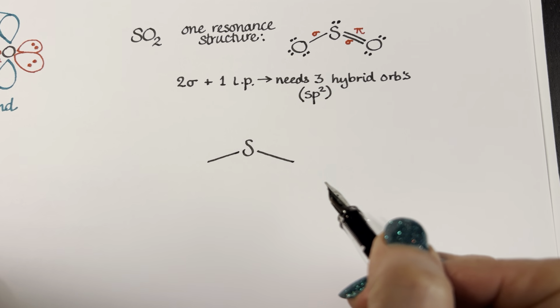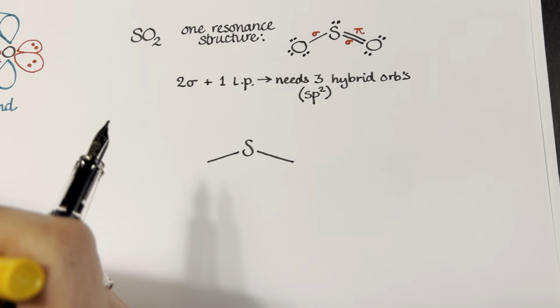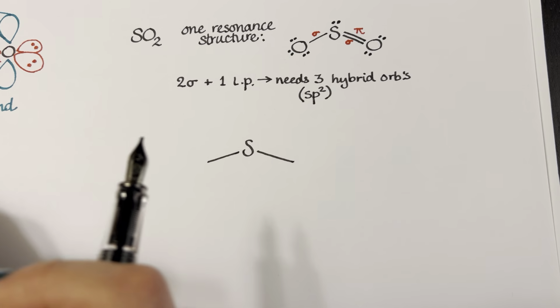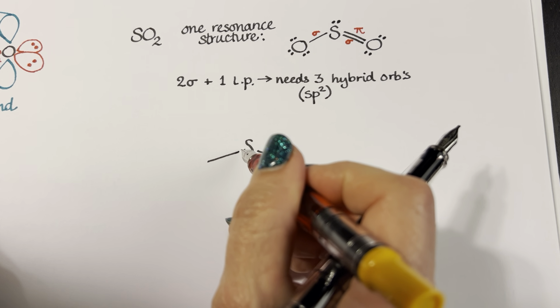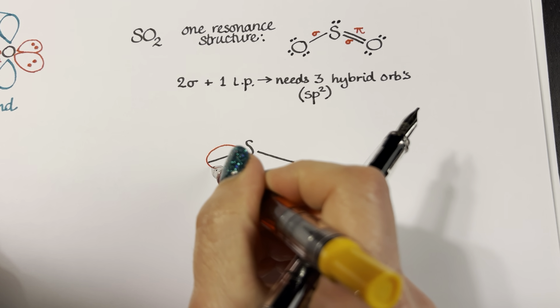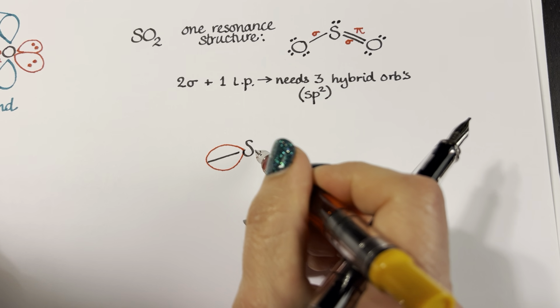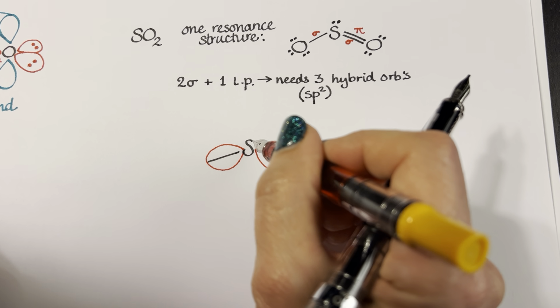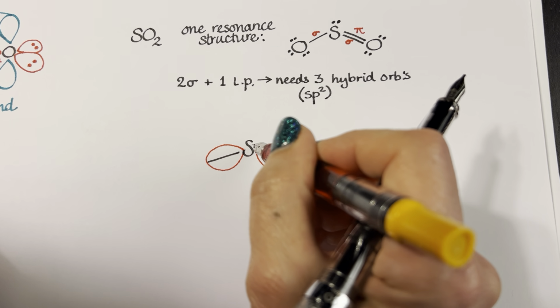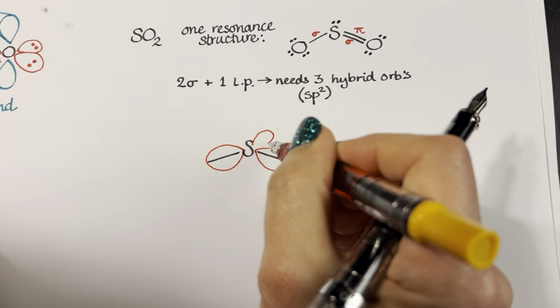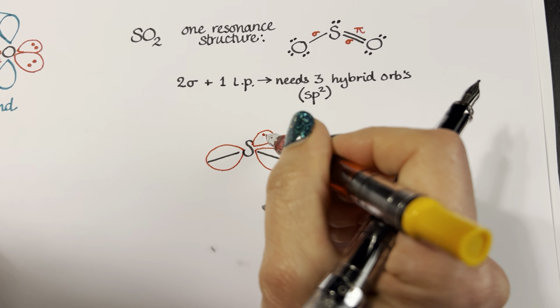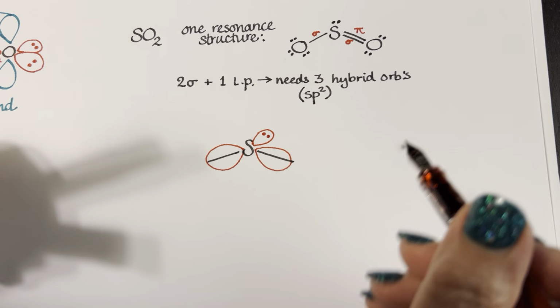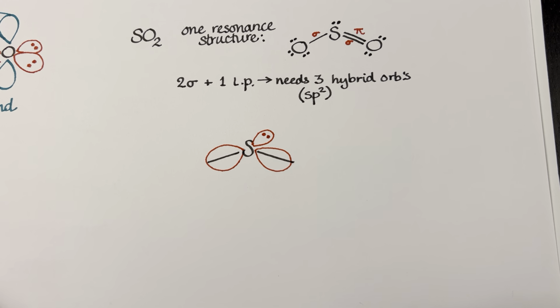We've got a sigma bond. So let's draw an sp2 hybrid orbital from that, another sp2 hybrid orbital, and then our sp2 going back behind off to a side. I guess I'll do it that way. There's our lone pair.